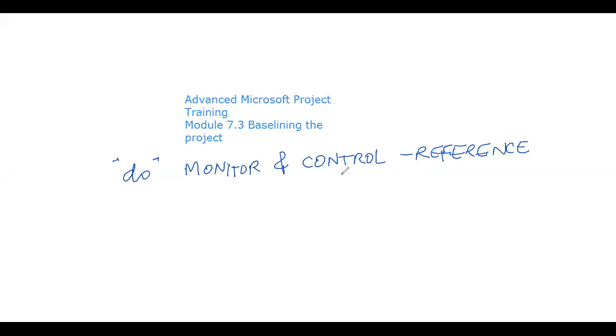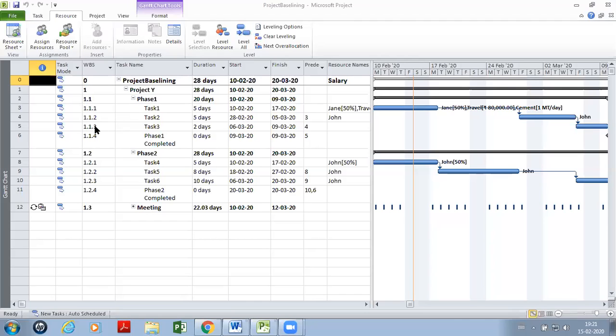So we go back to our old schedule, our practice schedule. So here is the schedule that we have created, we have been working on till now. And what we are seeing right now is the Gantt chart of the schedule.